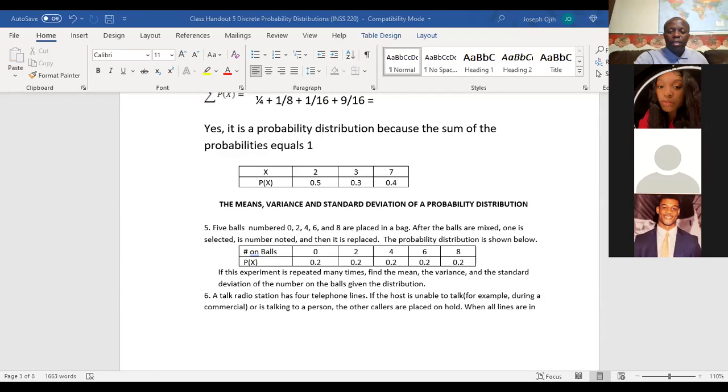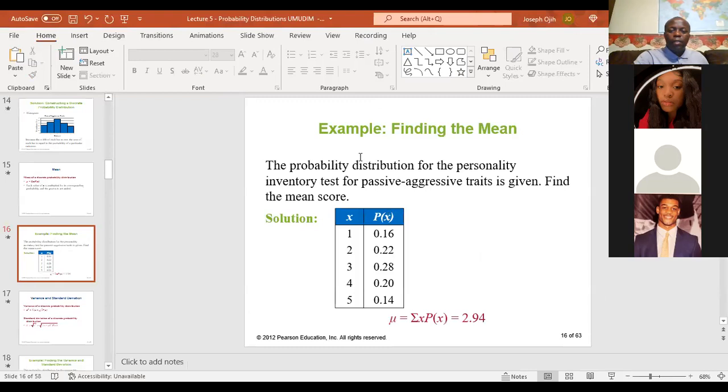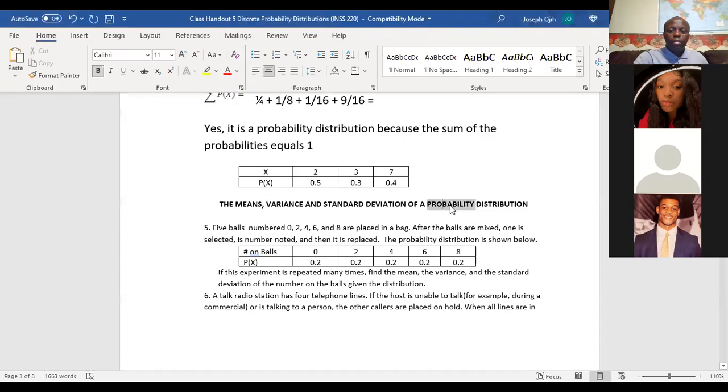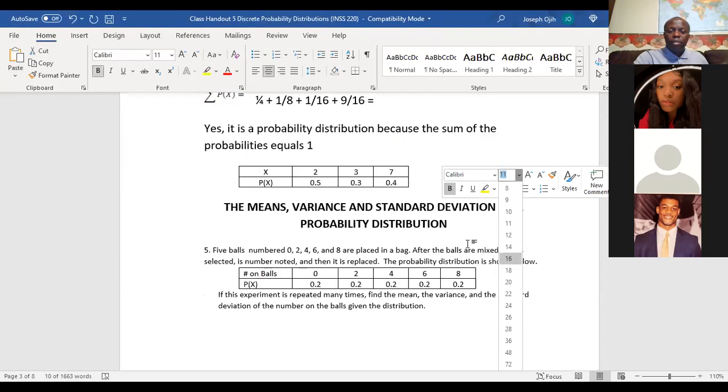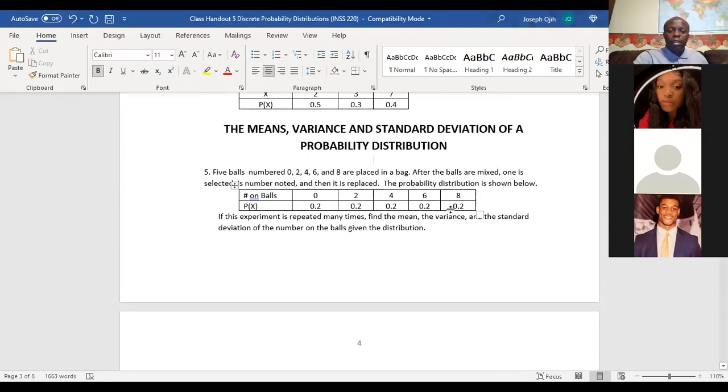Okay. Now let's see this. So we have this. Find the mean, variance, and standard deviation. So I'm going to summarize it on this page. The mean, variance, and standard deviation of a probability distribution. Let me move this down so that we can get this.